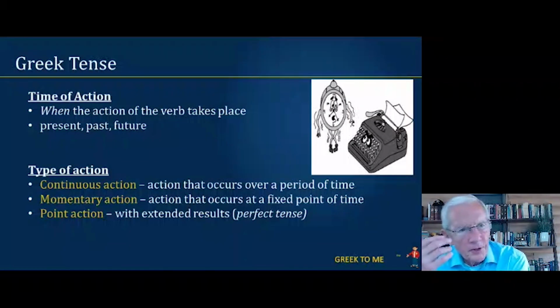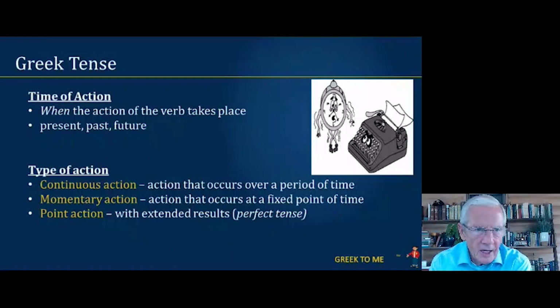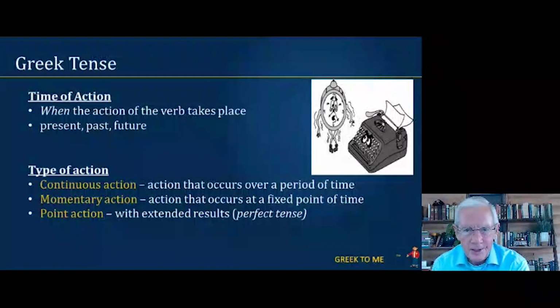Now, in terms of tense, it means two things: the time of action and the type of action. In terms of time, when the action of a verb takes place, present, past, or future. And here we have a little memory device that you'll also see in your grammar. We have a clock that reminds us of time. This clock is tense, and we see next to it a typewriter.